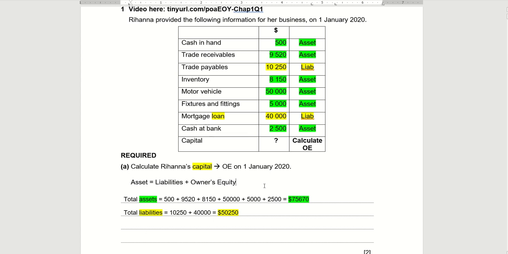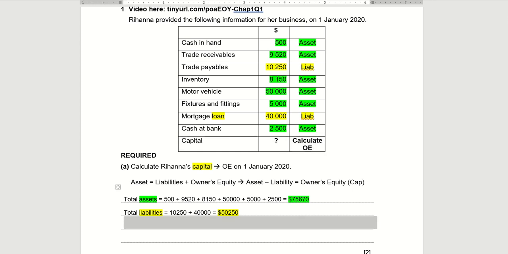So it needs to change to this: asset minus liability equals owner's equity. And in this case, owner's equity has only one item, capital. So I know that capital equals asset minus liability, and that is what I will do.